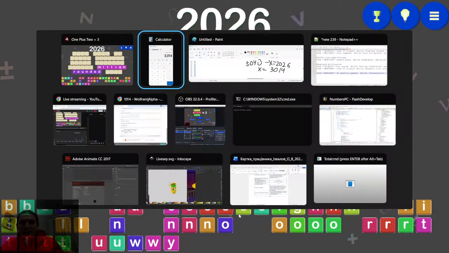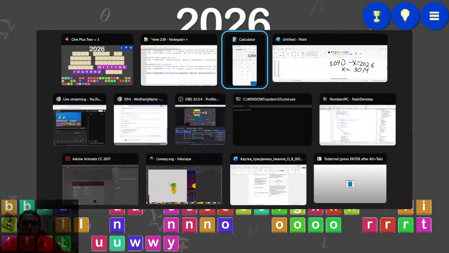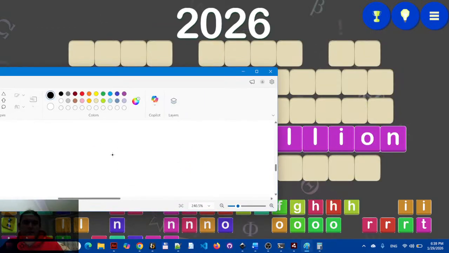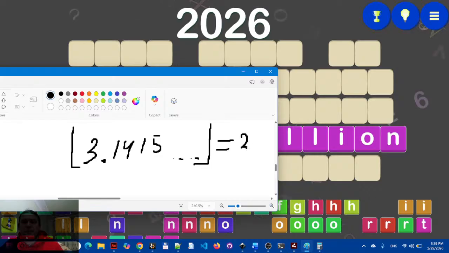What does it mean? If we have a number like pi, 3.1415, some numbers can be rounded down. We can use the floor operator. It is 3.